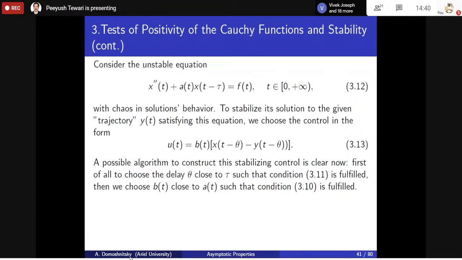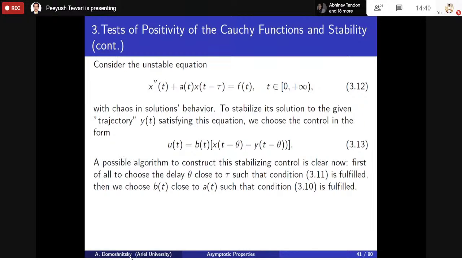A possible algorithm to construct this stabilizing control is clear now. First of all, we choose the delay theta close to tau, such that the condition on delays is satisfied, and B should be close to A, such that condition 3.10 is fulfilled. And we obtain stabilization of this equation.